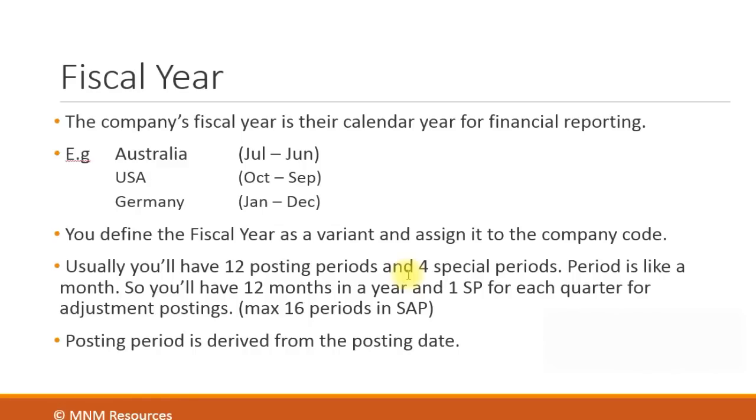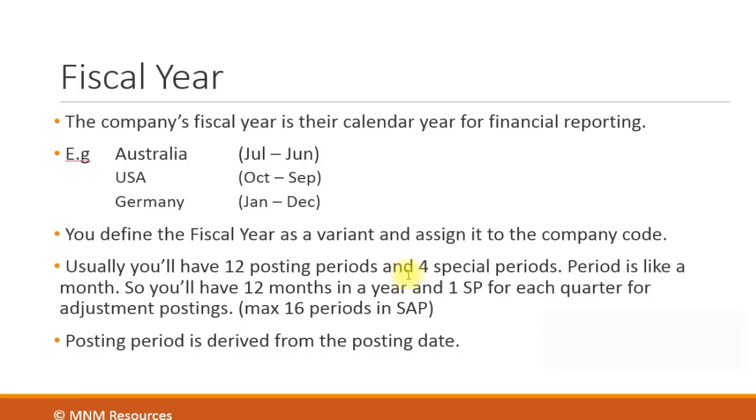Now how does the system know which month you are in or which period to derive from? Well, the period is derived from the posting date. A posting date is a field in SAP where you actually enter which day you need this transaction to be posted.